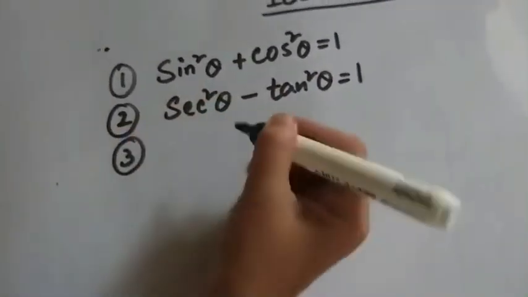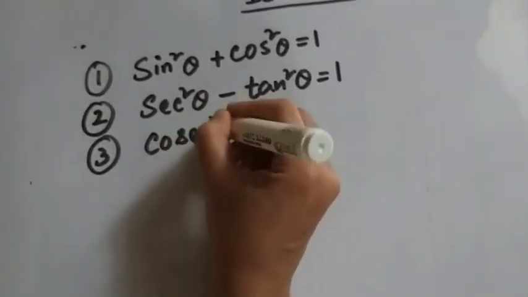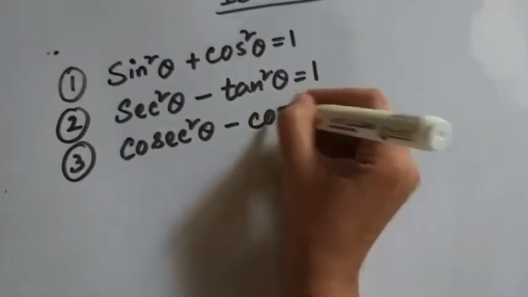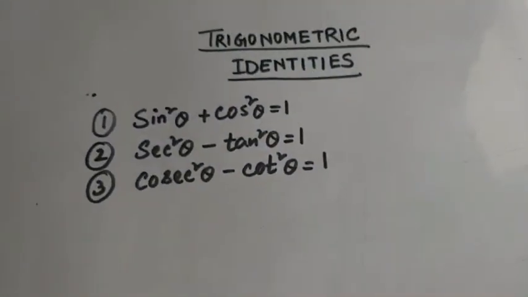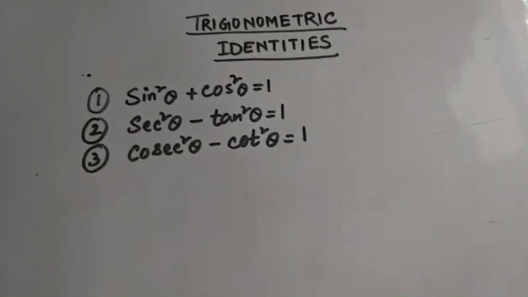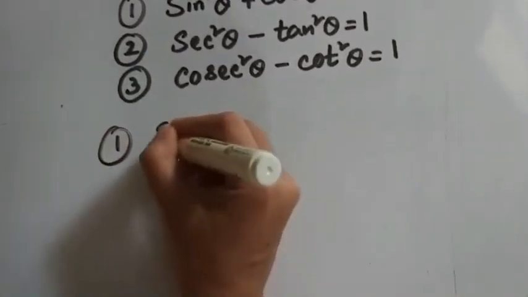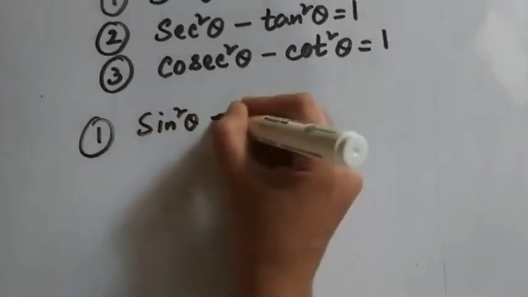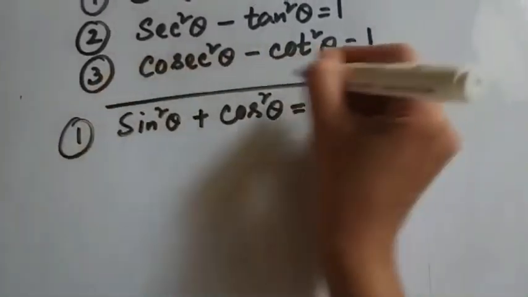And third, cosec square theta minus cot square theta equals 1. So at first I am proving number 1, that means sin square theta plus cos square theta equals 1.